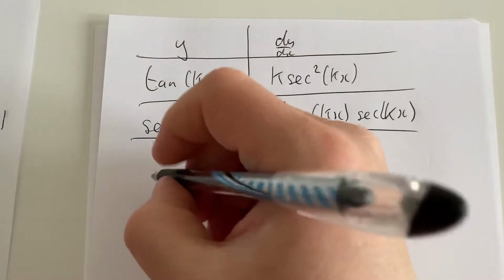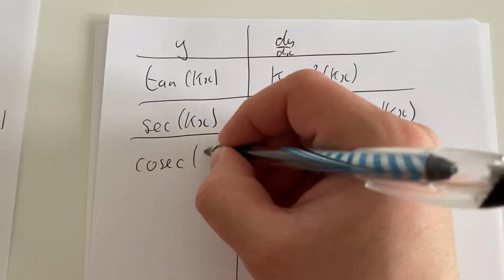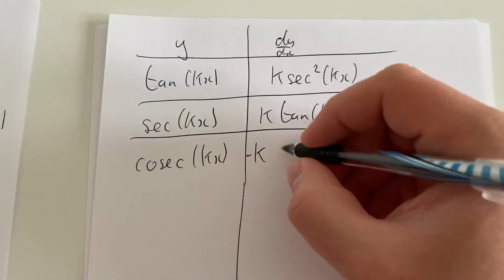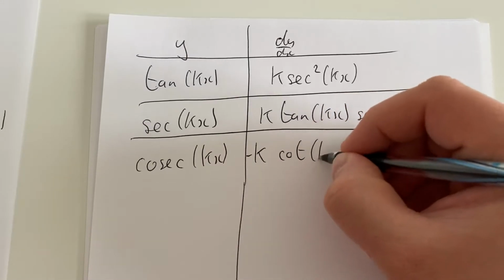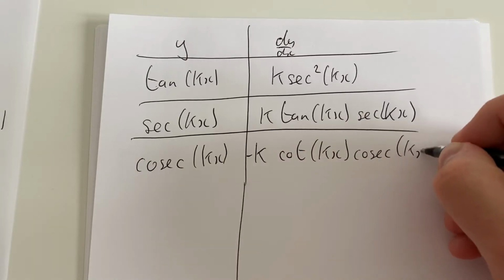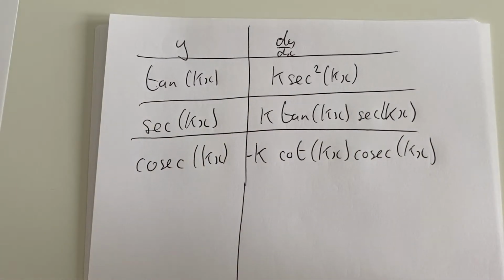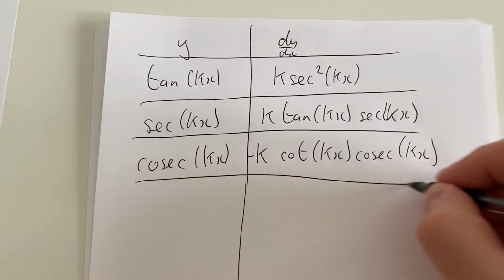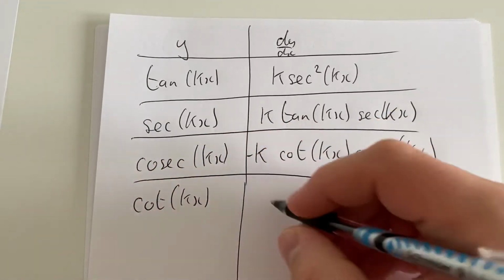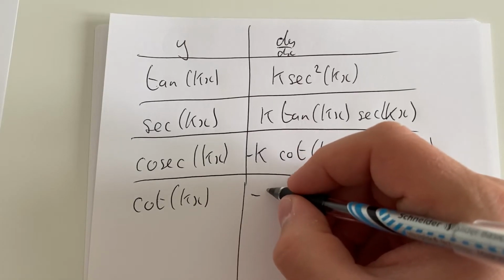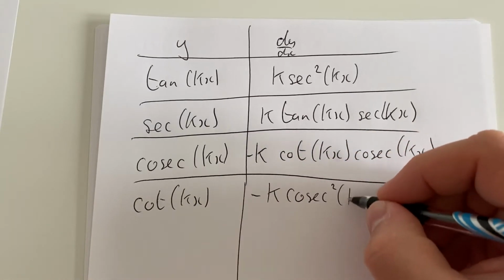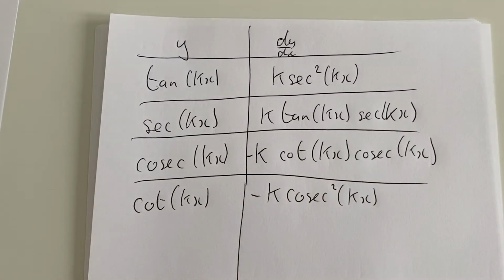If you have cosec kx, that is minus k cot kx cosec kx. And if you have cot kx, you would have minus k cosec squared kx.